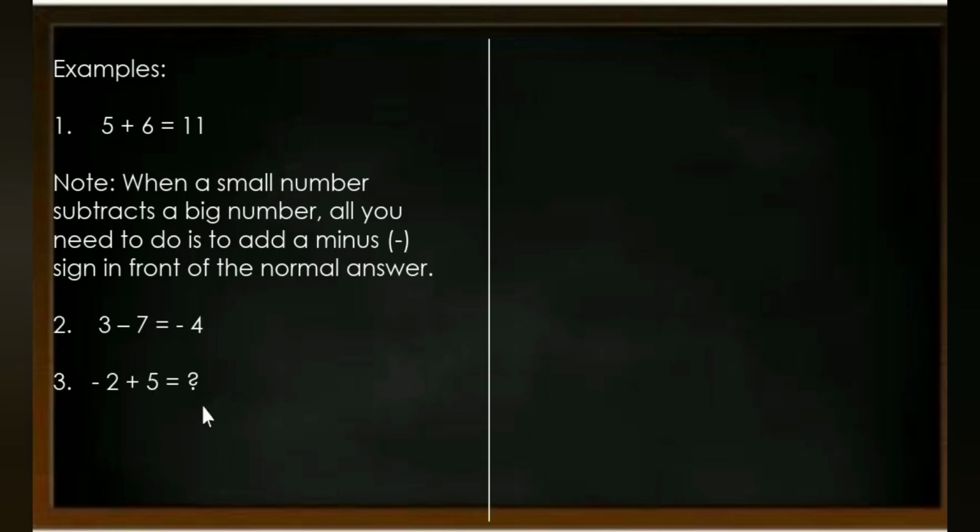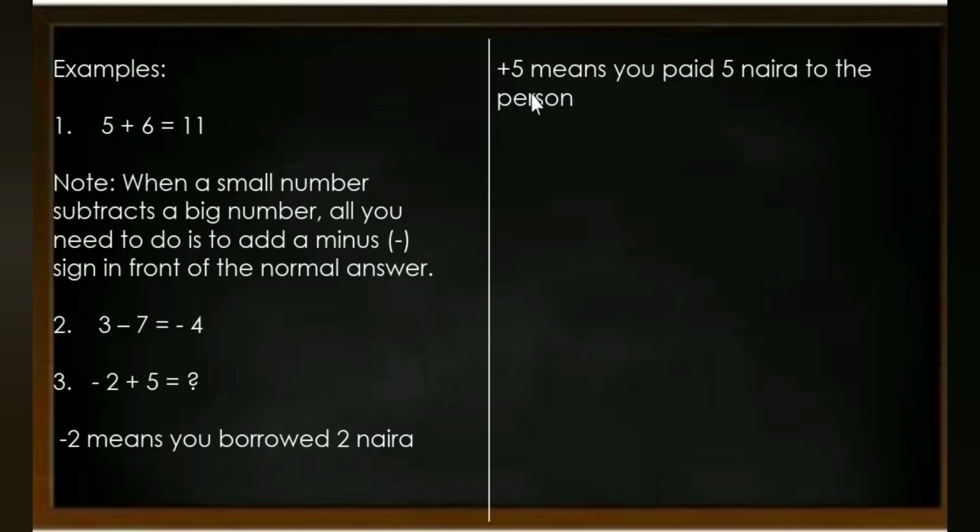Okay? So if that is the case, minus 2 means you have borrowed 2 naira. I'm in Nigeria, our currency is naira, so you could use your own currency in place of naira. Okay? Minus 2 means you borrowed 2 naira from the person. Then plus 5 means you paid 5 naira to the same person.